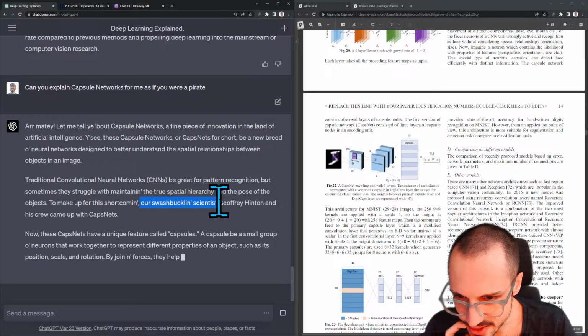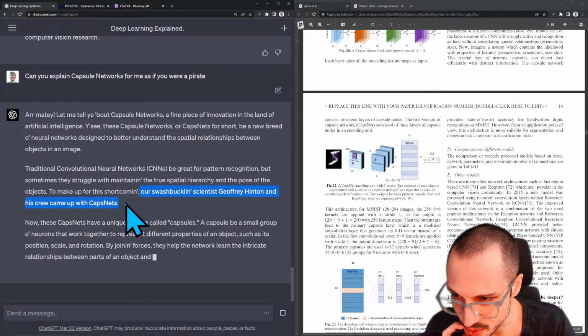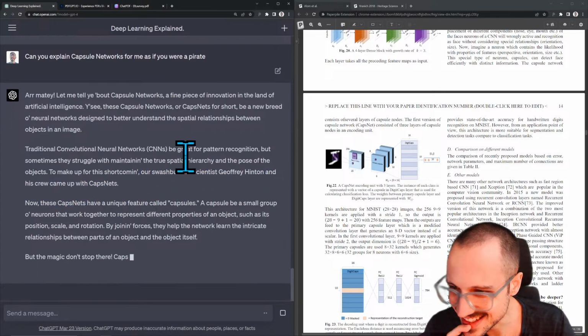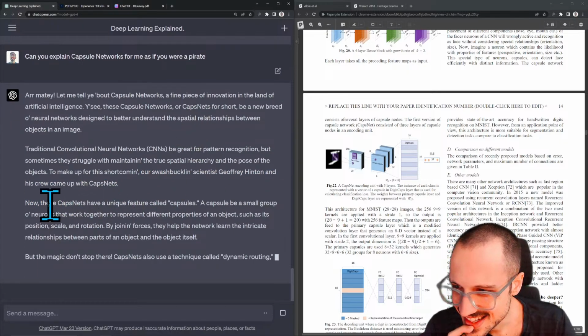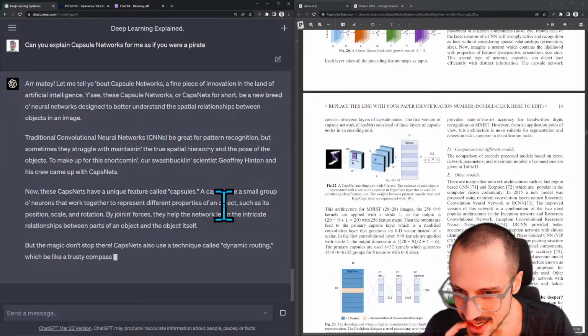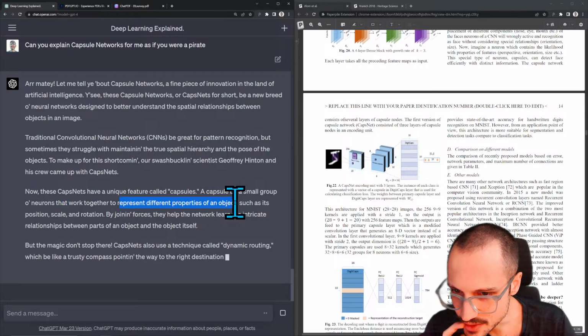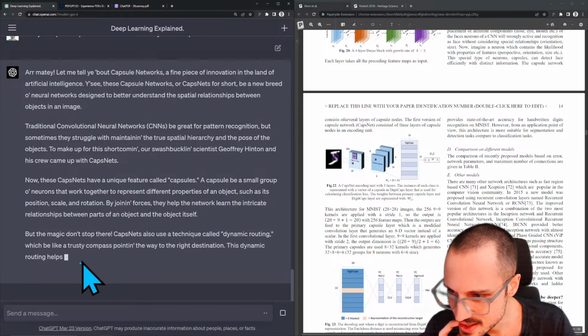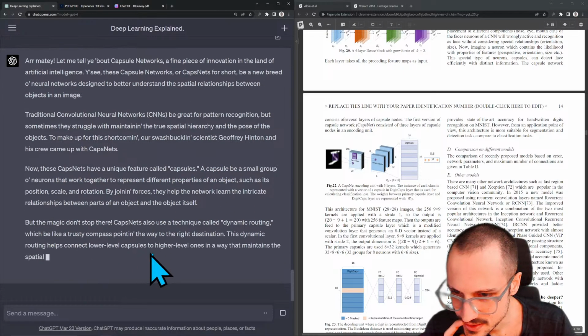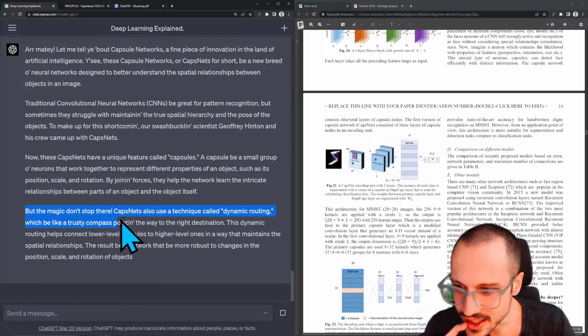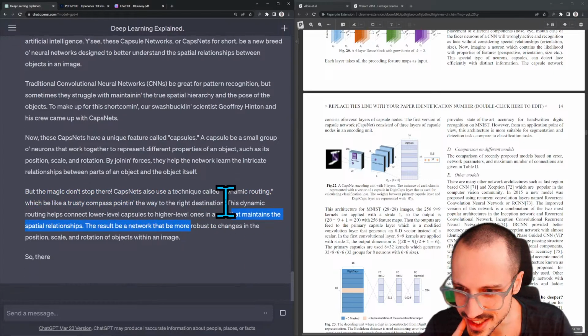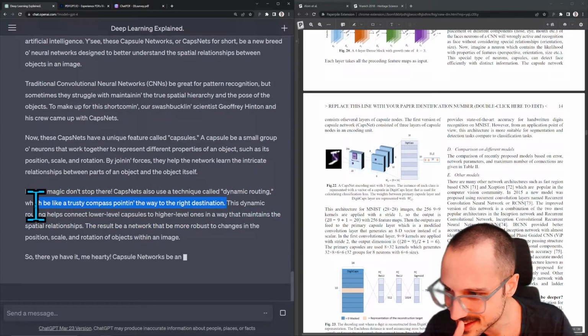Our swashbuckling scientist Geoffrey Hinton and his crew came up with CapsNets. CapsNets have a unique feature called capsules. Capsules are a small group of neurons that represent different properties of an object. And then the whole dynamic routing, which be like a trusty compass pointing to the right destination.